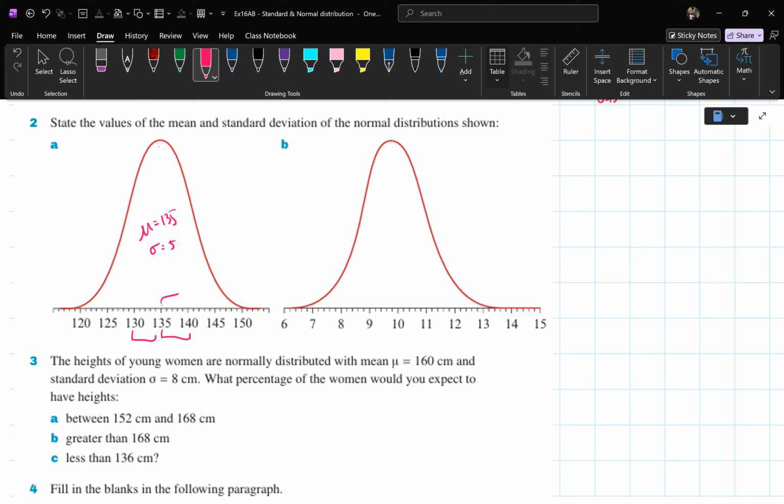So from 35 to 40, that's a distance of 5. This is a distance of 5. Yeah, this exercise is literally working with 1, 2, 3 standard deviations, 68, 95, 99.7. That's why it's broken up in that way. So then that's 2 standard deviations to the left, 3 standard deviations to the left. Okay?